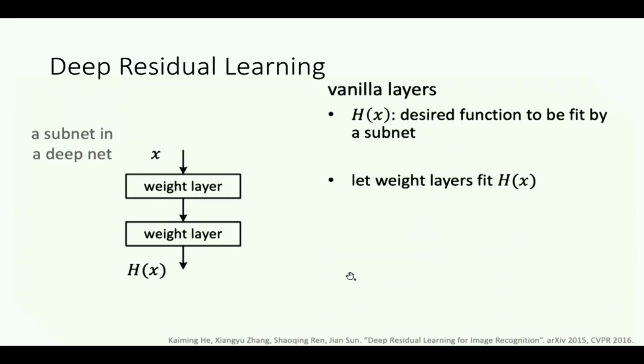Considering a normal deep neural network without residual connections, we can consider the function h of x as the function space of our current deep neural network. Given an input x, the family of functions we get out of this can be written as h of x, and what we're searching over is this huge family, this Hilbert space of all possible neural nets captured by h of x.